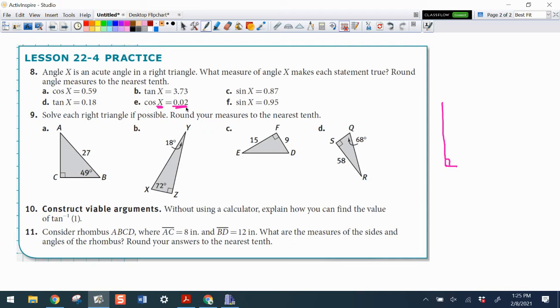Look at this number compared to all these others. Now, this is pretty close, but for the most part, this is a relatively small number. So we're saying that the length of the adjacent side is very, very small compared to the length of the hypotenuse.